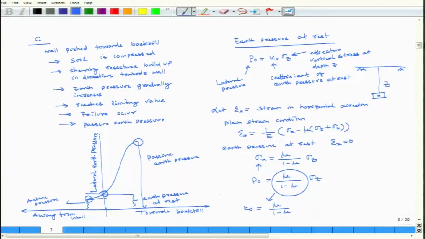That means P0 is equal to K0 sigma z, which is equal to K0 gamma z. So, earth pressure at rest depends on the Poisson's ratio of the soil, where mu is Poisson's ratio. So, P0 is equal to K0 into sigma z, K0 is the coefficient of earth pressure at rest, K0 is equal to mu by 1 minus mu. P0 is equal to K0 sigma z, whereas P0 is equal to K0 gamma z.